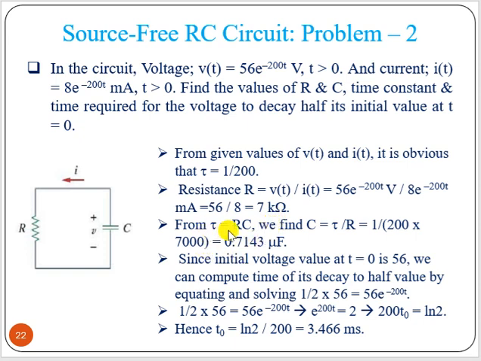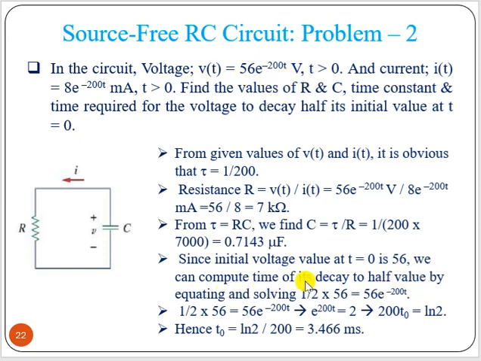From tau and R, we can find C, which is tau by R, that is 1 by 200 into 7000. So we get the value of C. The initial voltage at t equal to 0 is 56. From the equation or the given data we can find that.